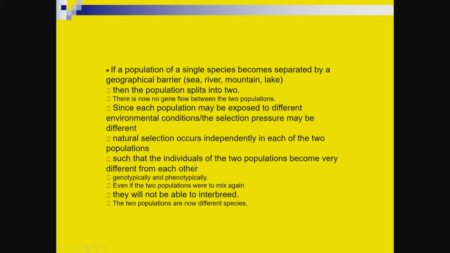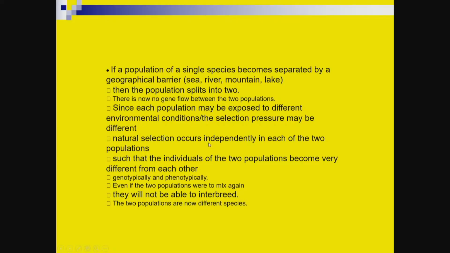So, if we look at that example, the original population of flightless birds becomes separated by a geographical barrier, the sea. Then the population was split into two, the emu and the ostrich, and there was no gene flow between the two populations. Each one experienced different environmental conditions.